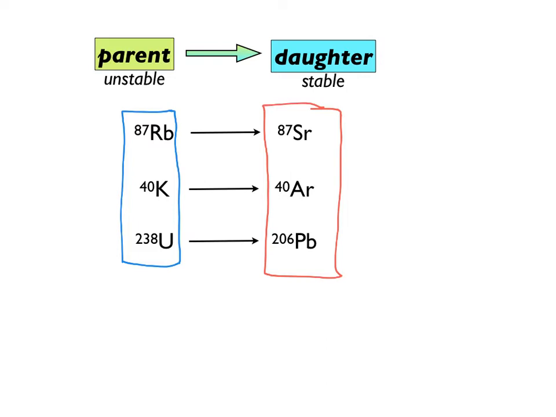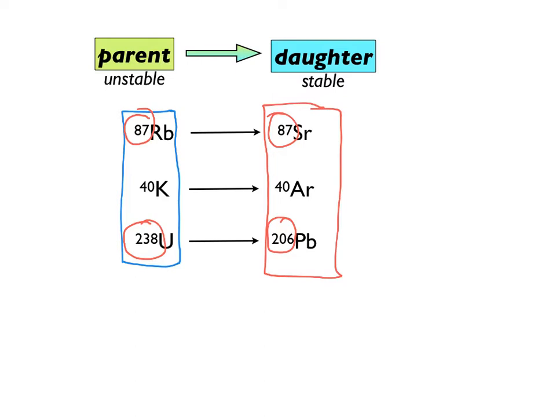In some cases, the total atomic mass stays the same. So 87 rubidium turns into 87 strontium. So you've just exchanged a proton and a neutron. And in other cases, the total mass changes quite a lot between the parent isotope and the daughter isotope. But regardless, we're not going to discuss that at length in a Geology 101 level.